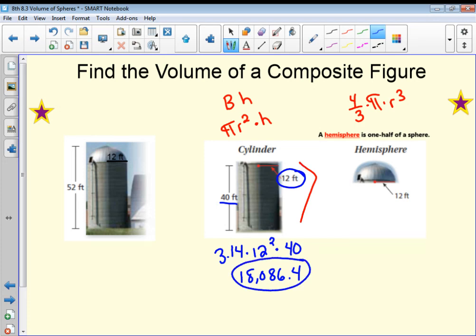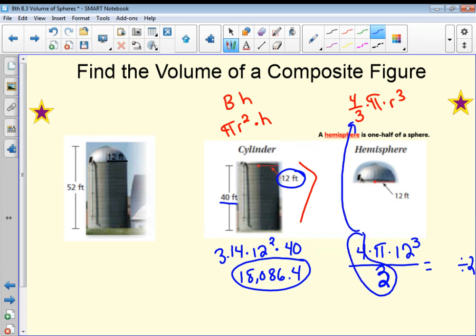Then for our hemisphere, I like to use 4 times pi times our radius, which is still 12 to the 3rd power, and then divide that by 3. This is my 4/3 part. And then I'm going to divide by 2 at the very end. I'm going to do my radius cubed first.